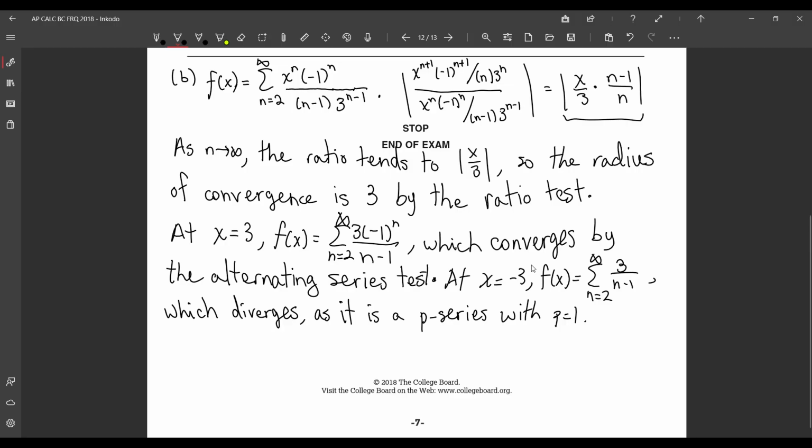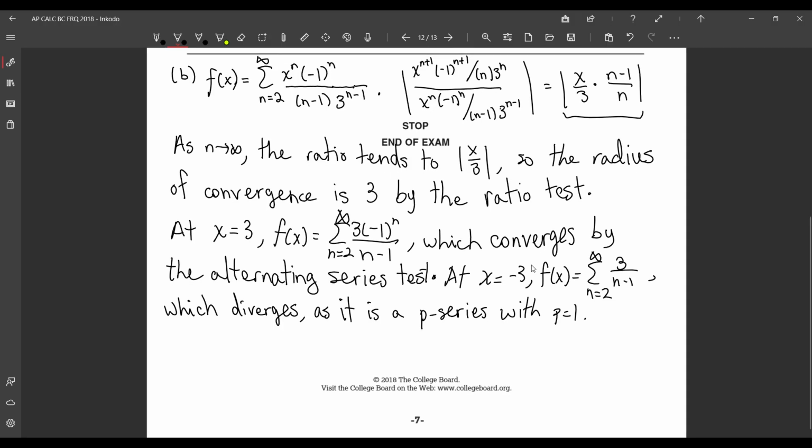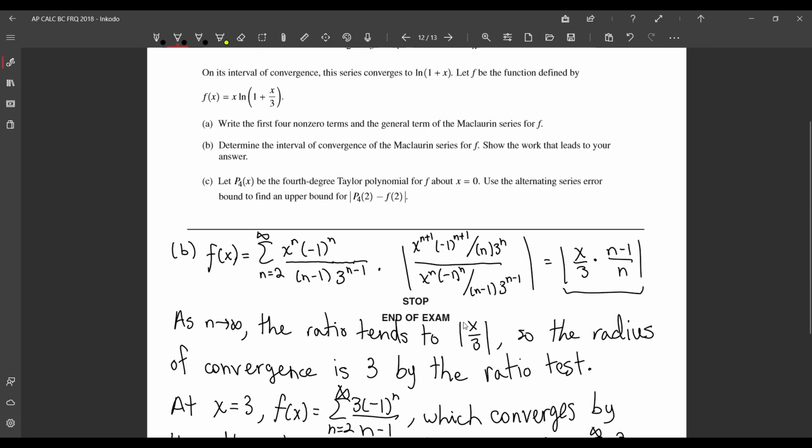Another way of saying this is that it's the harmonic series. It is where p-series start to diverge. Okay.